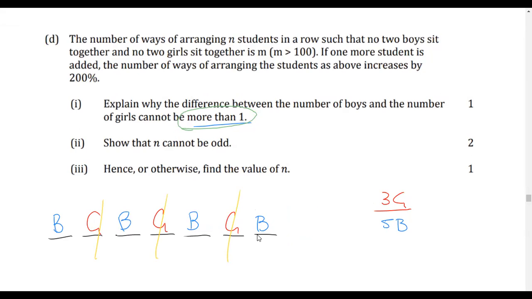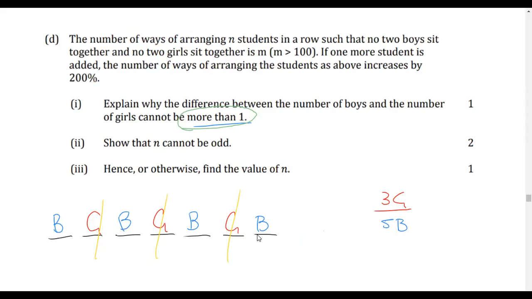But if I were to have a 5th boy, no matter where I put him, I'm going to need an extra divider between this boy and any other boy. So it could be here, it could be on here, it doesn't matter, but I'm going to need a new divider, and I don't have that. So the number of gaps is going to at least be 1 less. If you have not enough dividers, then it wouldn't work.